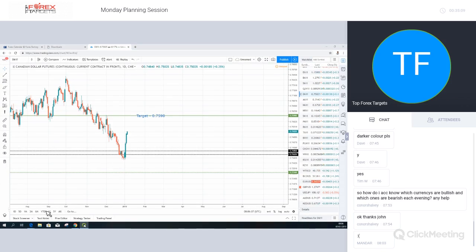You can see that this is providing us an opportunity for a potential continuation. So in order to get involved in the Canadian dollar pairs, and we'll look specifically at pairs, what I really want to see this week in the Canadian index is a correction to take place coming into Wednesday.